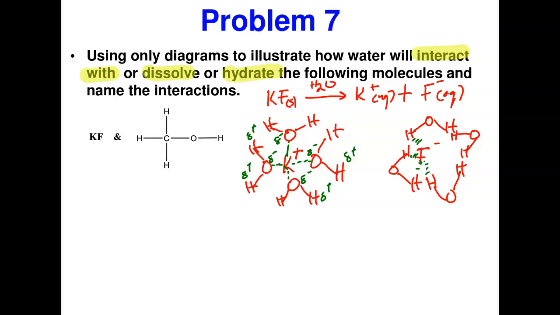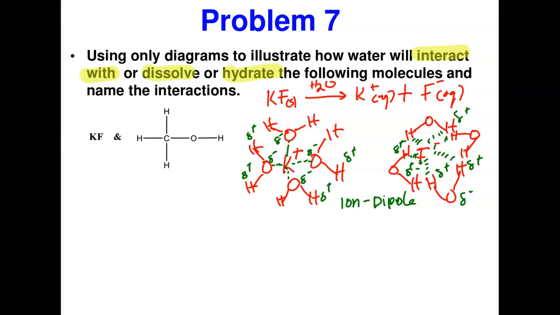Again, you're going to use a dotted line for this interaction. So again, this is partial negative, partial positive, partial positive, partial positive, partial positive. So this is actually a case of, remember, ion-dipole interaction.